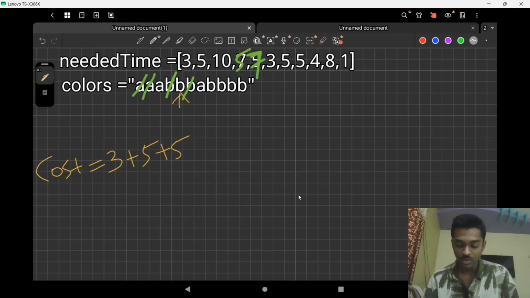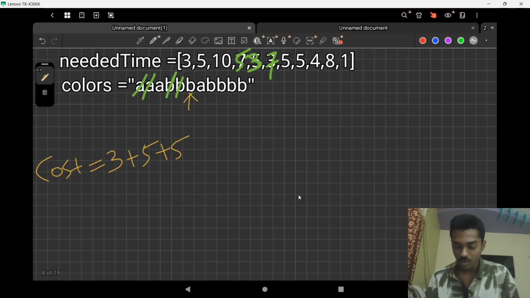Actually we remove this balloon, and our previous is this, so we exchange so that our further calculations are easy. So just exchange 7 and 3: this becomes 7 and this becomes 3. Now our removed balloon is this and our previous is this.